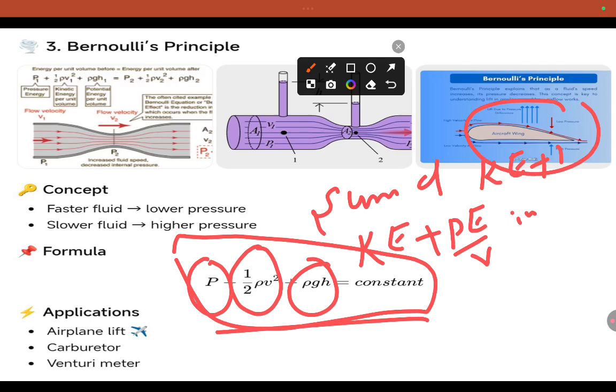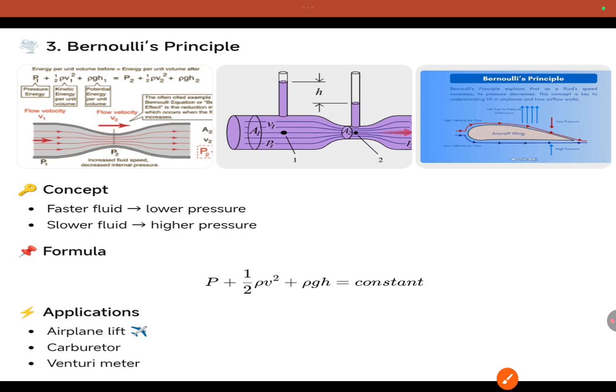Dynamic lift is nothing but the aeroplane wing. Aeroplane wings and spinning balls' motion are directed by dynamic lift. For applications of the Bernoulli principle, focus on those related to your NDA examination: aeroplane lift, carburetor, and Venturi meter.